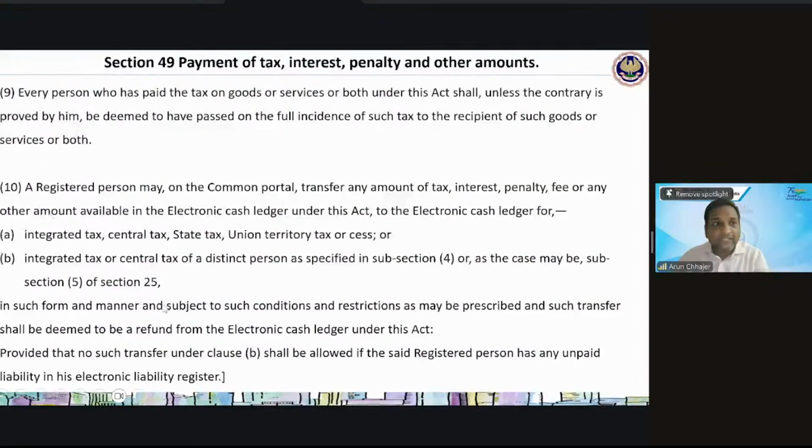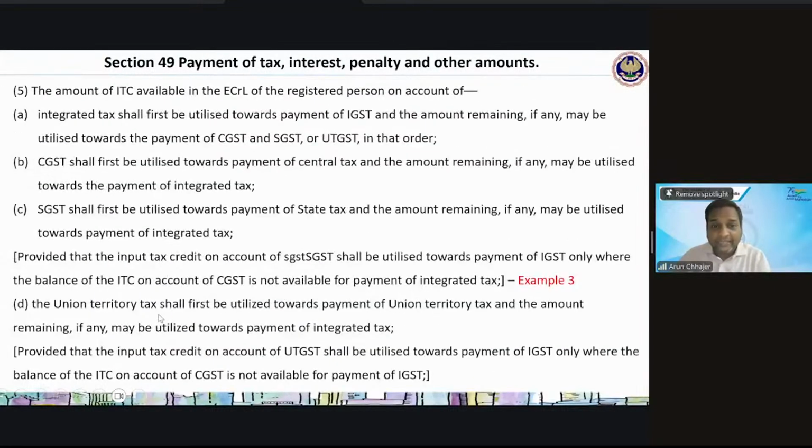Going back to 49.5, can I say that rule 88A has used or repeated this part only? Just confirm, yes or no? Agreed? Fine.